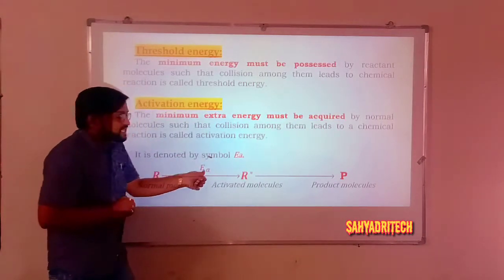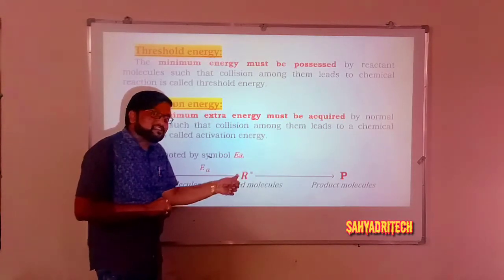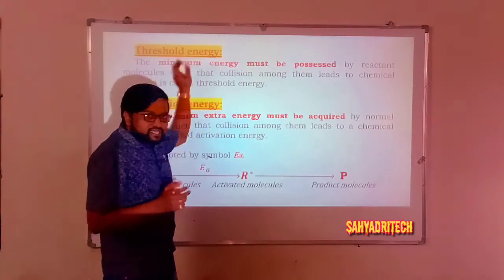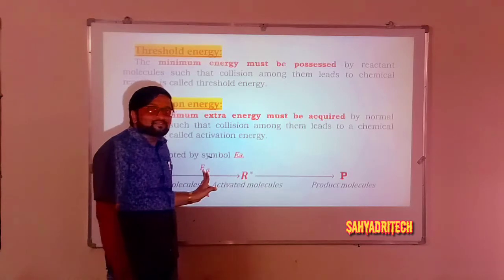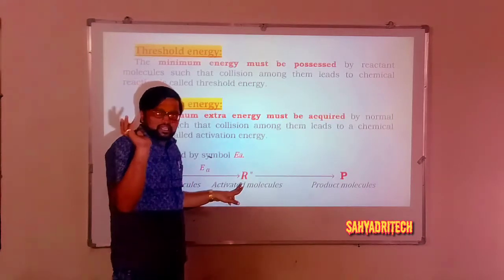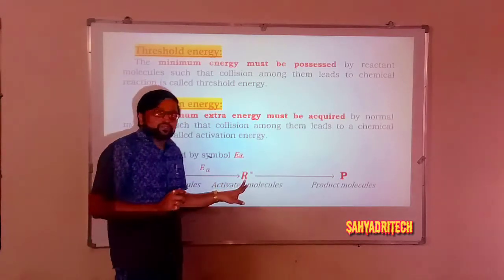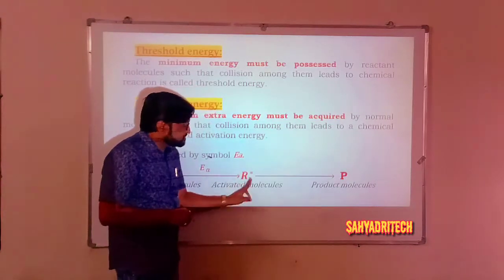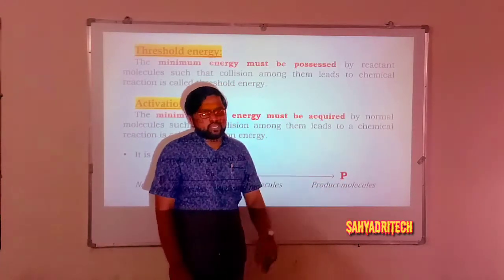After acquiring activation energy, they get converted into activated molecules, which possess threshold energy. So the relation between those three energy forms is: energy of normal molecules plus activation energy equals threshold energy. Once these activated molecules are formed, they readily collide, and collisions among them are effective, so that they get converted into product molecules.